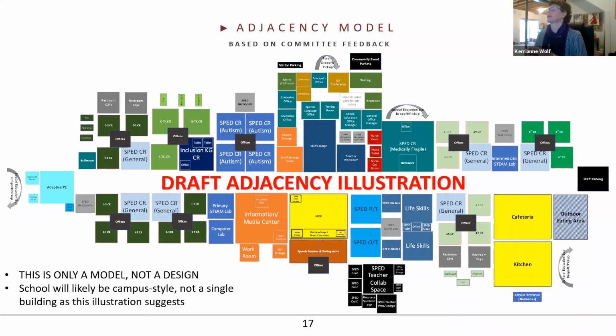Since we have the square footage, I'd rather hang on to it rather than get rid of it. If we decide we need it somewhere else, we can do that. But for now, let's hold on to it. Would you want it in one of the classroom cluster pods, or near an administration area, or central in the campus?